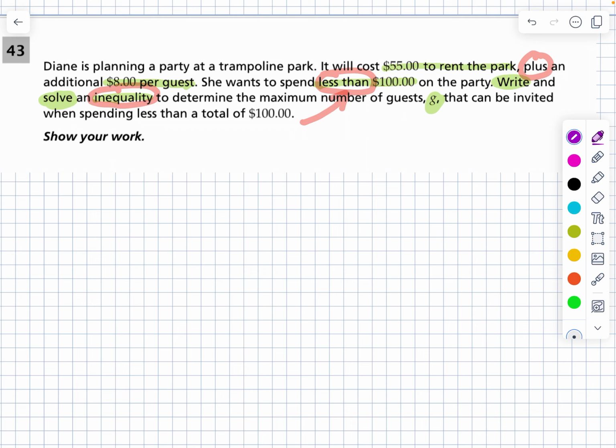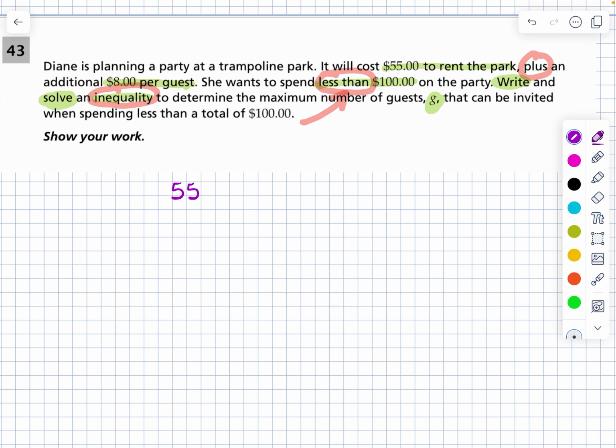Now, sometimes it's difficult to know exactly where to start, what to write, but I like to just start writing something and see what comes out. In this case, it says it's going to cost $55 to rent the park. We know that that's true, so we can write it down. It's going to cost that much money at least.